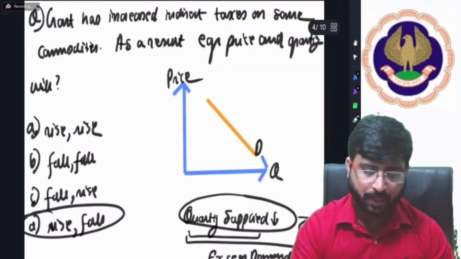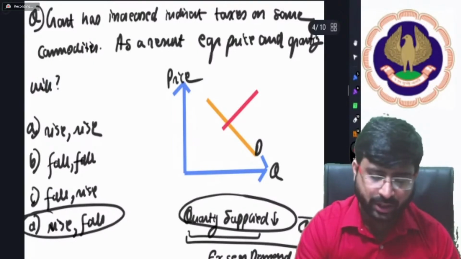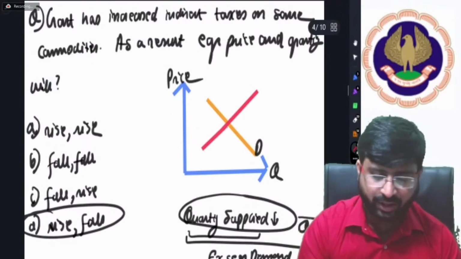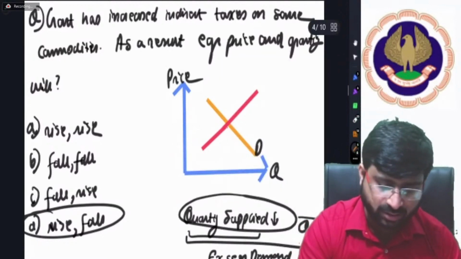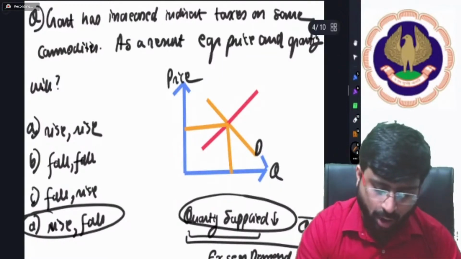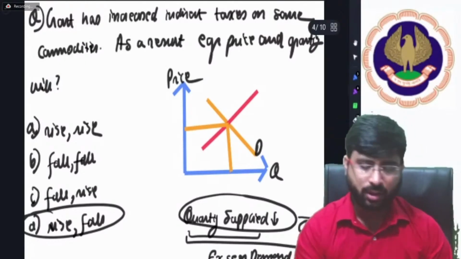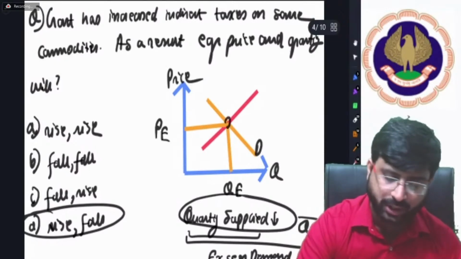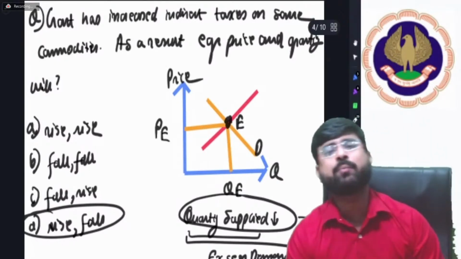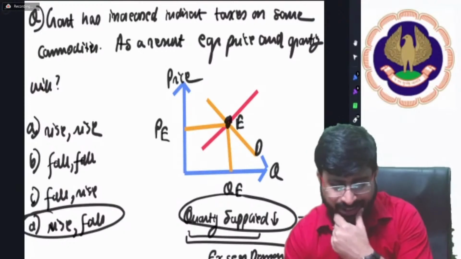Here it is supply, and when you intersect the both, you drop it down here. So you arrive at equilibrium price here, equilibrium quantity here, and the equilibrium point here. All of you would agree.